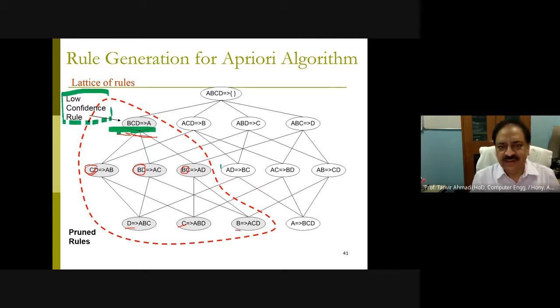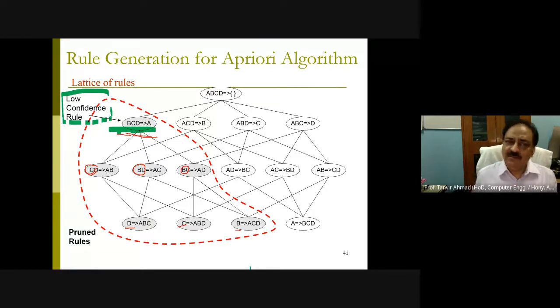And therefore, I don't need to test for all. I will just prune those rules from there. And therefore, you are getting a smaller number of rules using the Apriori algorithm. Okay, you are getting a small number of rules because you are applying a pruning technique to prune the rules.